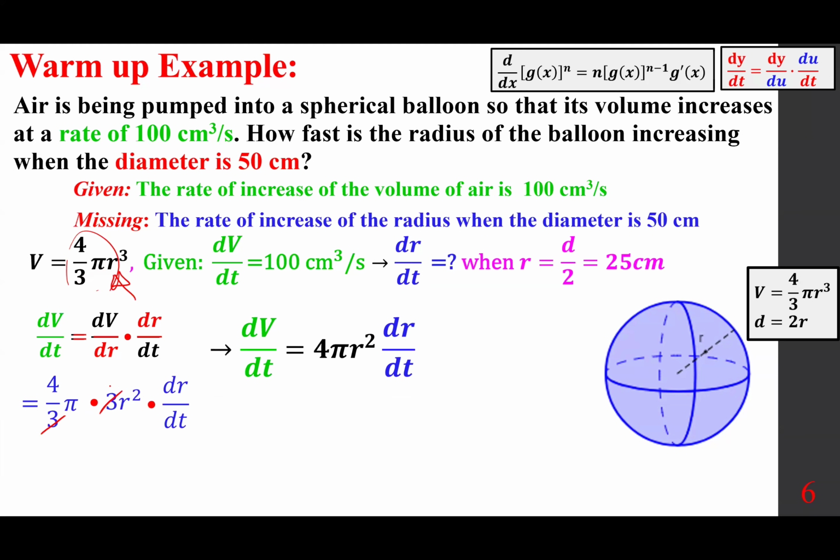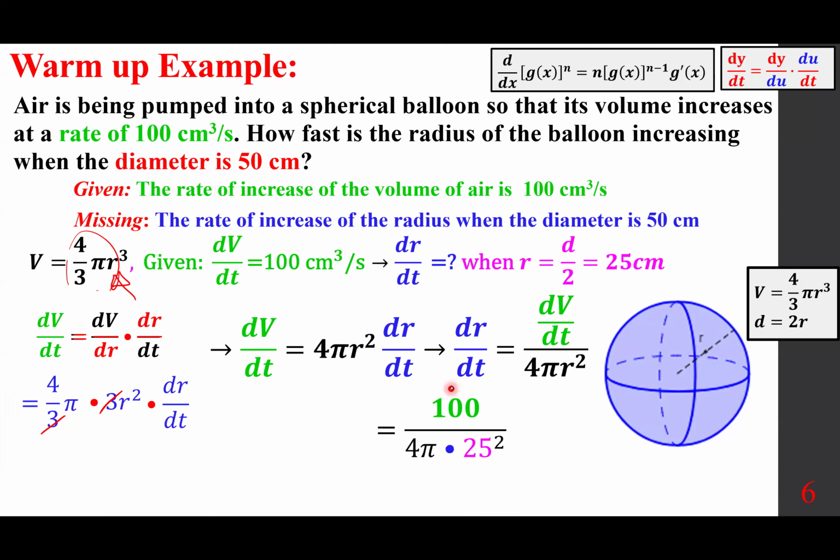If I want to find dr/dt, I'm going to divide both sides by 4 pi r squared. And now I can plug in. dV/dt is replaced with 100, and r is replaced with 25. So over 4 pi times 25 squared. As you know, 4 times 25 is 100, so one of those 25s cancels out the 100, and we get 1 over 25 pi.